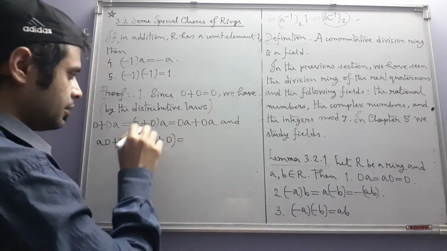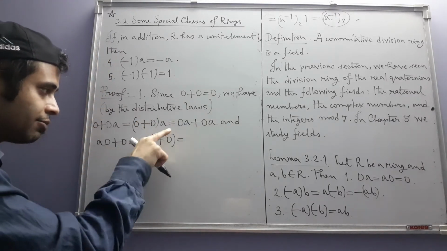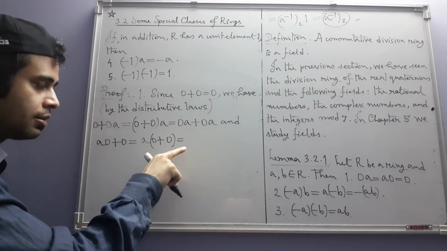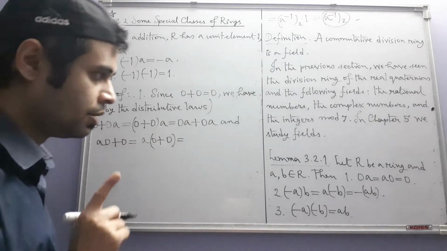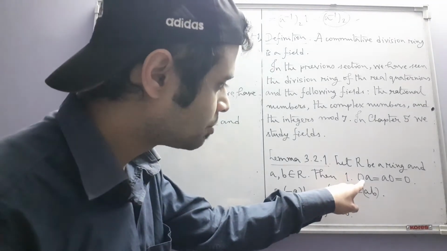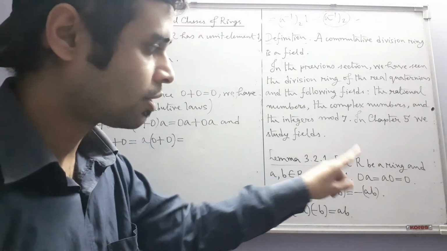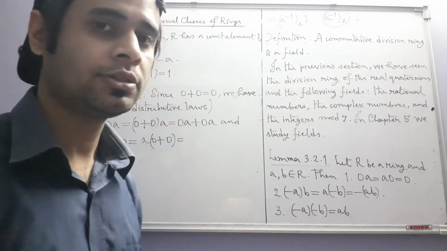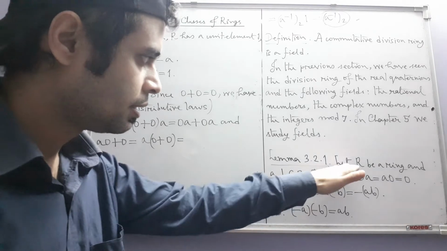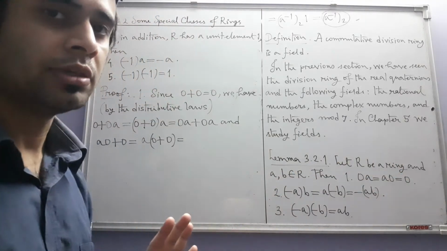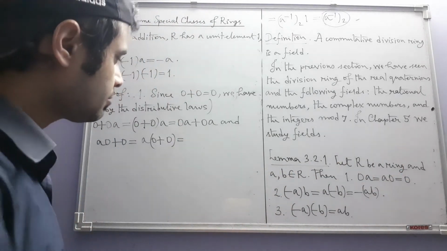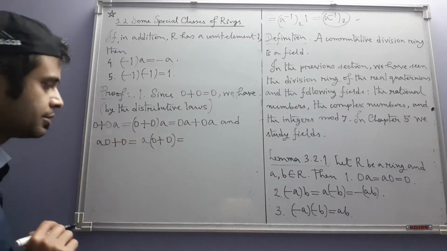Here we have used the left distributive law, and here we are going to use the right distributive law. Note that if you prove 0a is equal to 0, from that you cannot conclude that a0 is also equal to 0, because it's not given that the ring is commutative, it's a general ring. So we have to prove the two things separately.